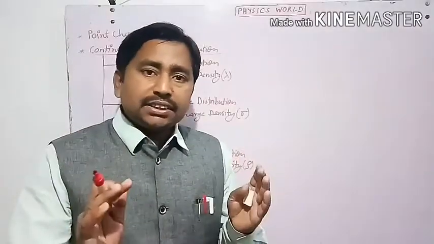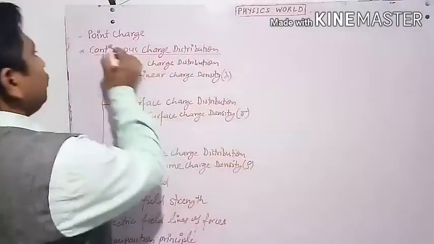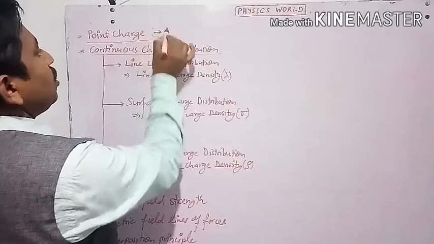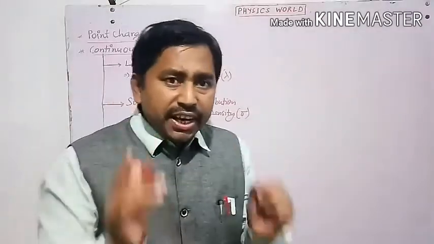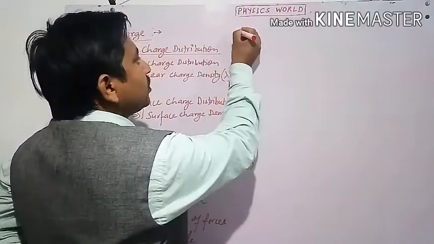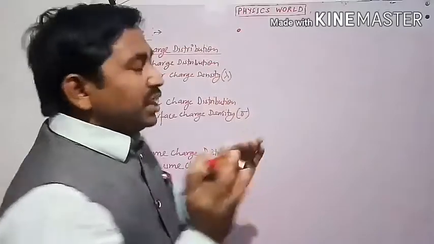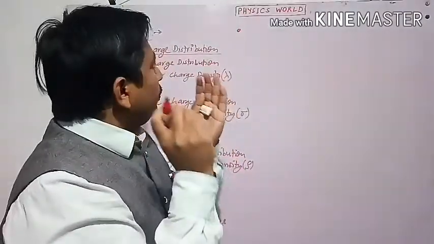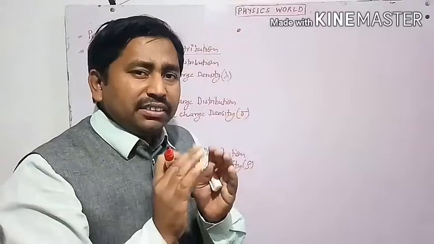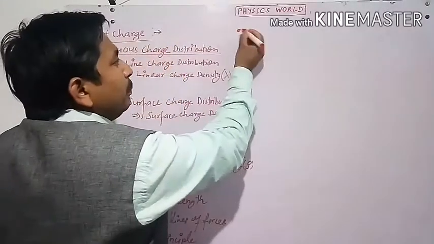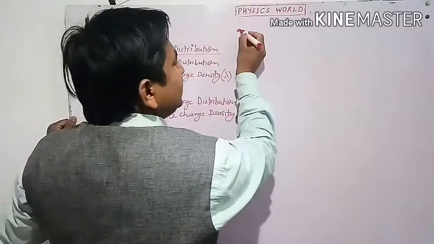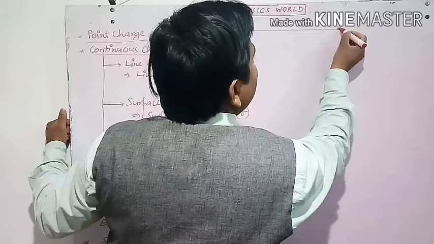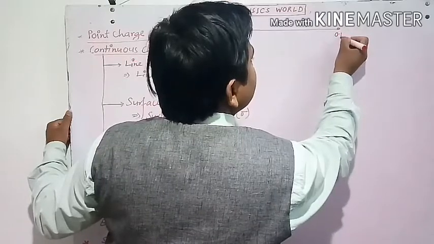So let us come to our first topic, point charge. What is point charge? Any charge which covers a space with its dimension much less than its distance from an observation point.